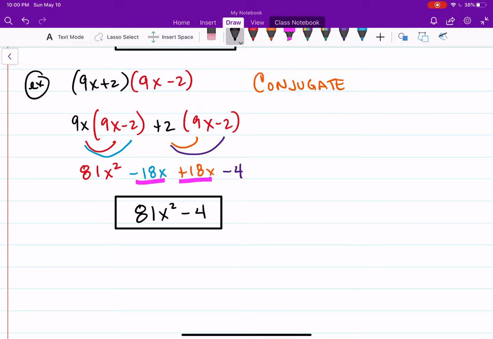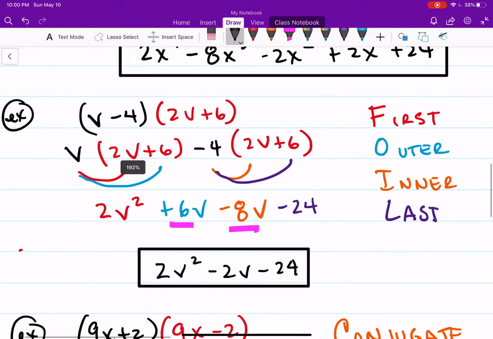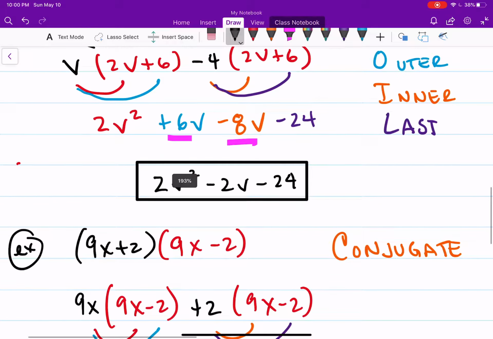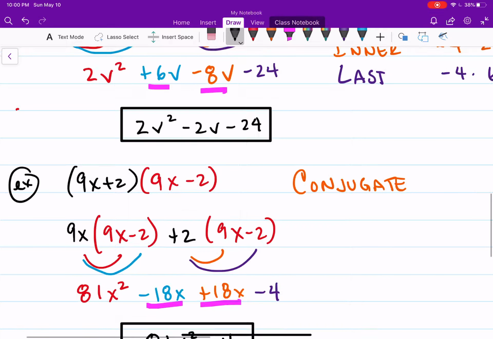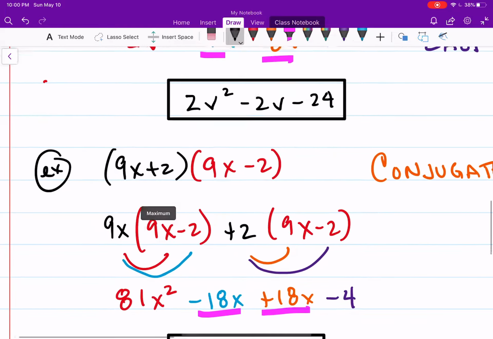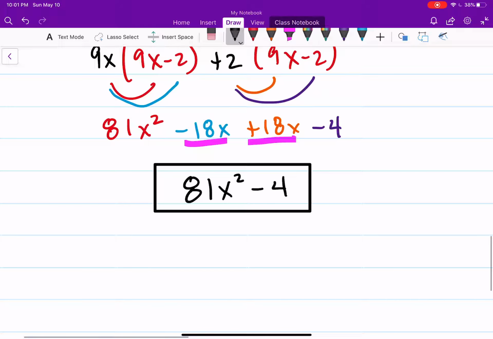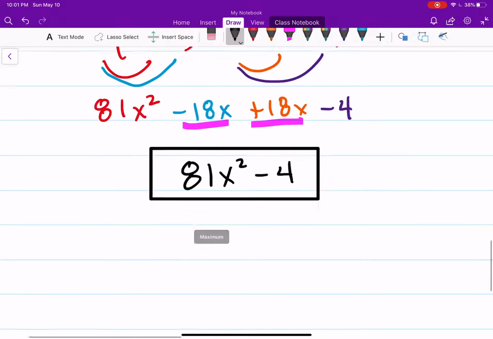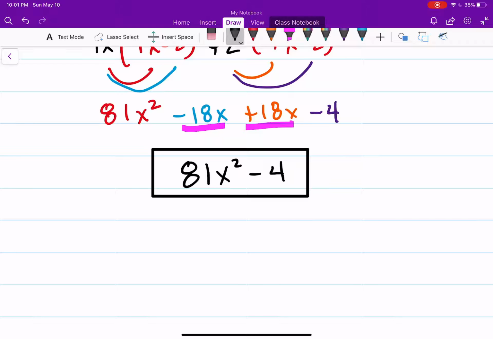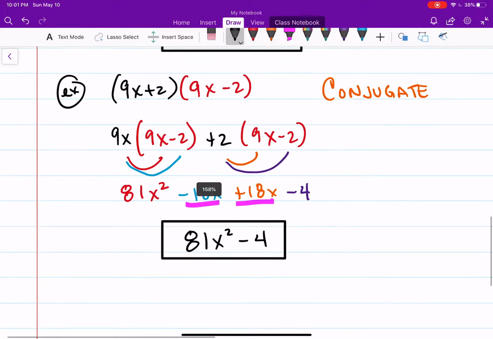Okay? So if you notice, over here when I had a binomial times binomial, it got to 4 terms, but then it collapses down to 3 terms, a trinomial, right? But with a conjugate, look at what happens. I still get the 4 terms in the intermediate step here. But what happens to my outer and inner? It goes away. So I'm left with first and last, okay?